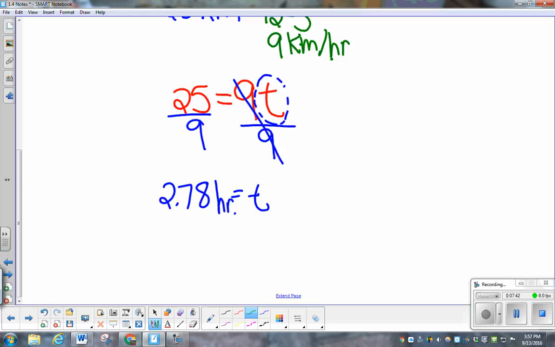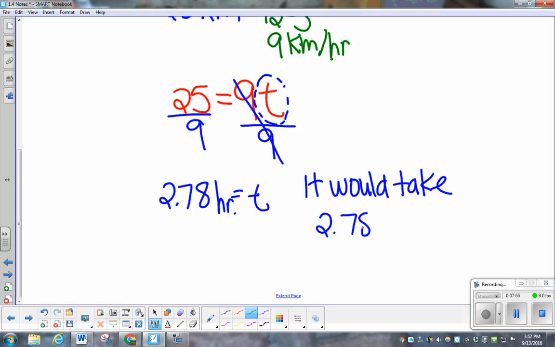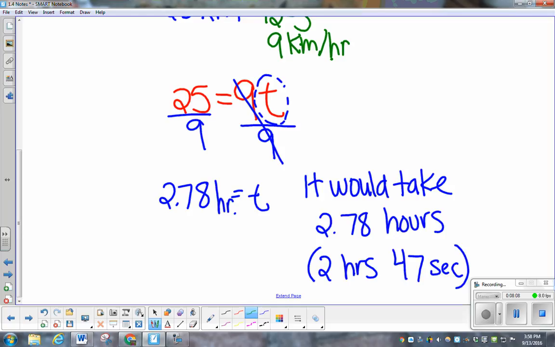Now, I know this is something you guys aren't going to like, but I want you to write this answer in a complete sentence. So we would say it would take 2.78 hours. And if you wanted to convert that, that is 2 hours and 47 minutes, because you just do 0.78 times 60 minutes in an hour.